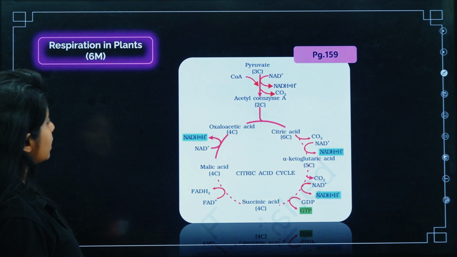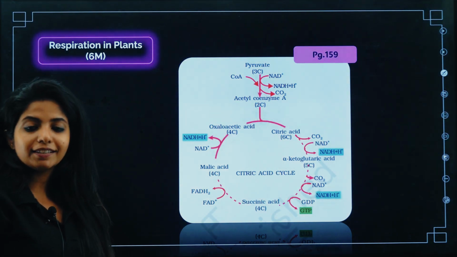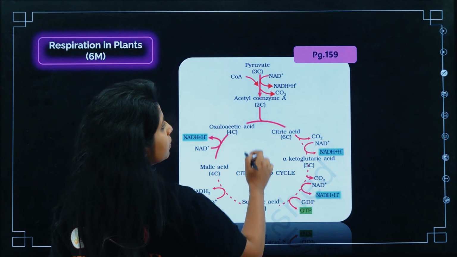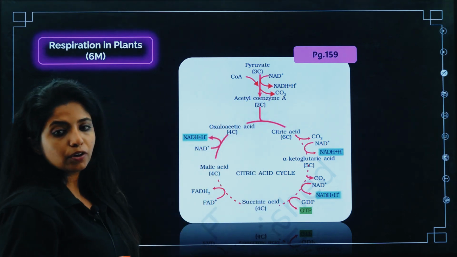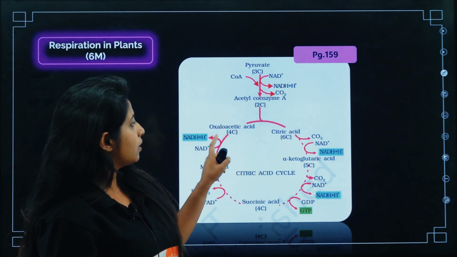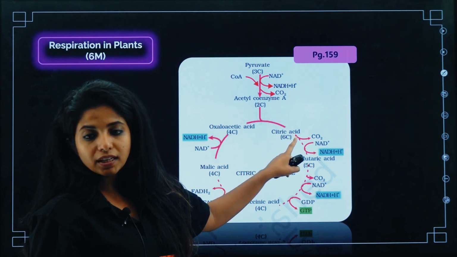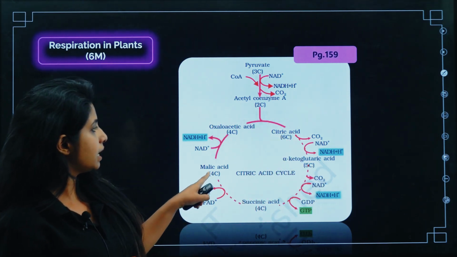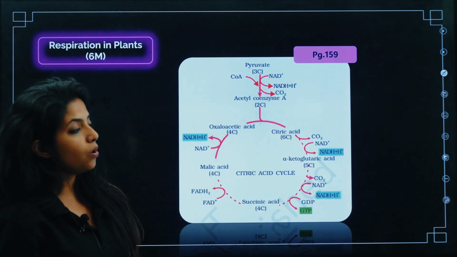Talking about the next thing, that is the citric acid cycle or the Krebs cycle or the TCA cycle. Over here on page number 159 it is given again. The pyruvate gets inside the mitochondria, you have acetyl coenzyme A, it reacts with oxaloacetate, and you get citric acid, which converts to alpha ketoglutaric acid, then succinic acid, malic acid, and the same thing goes on again.